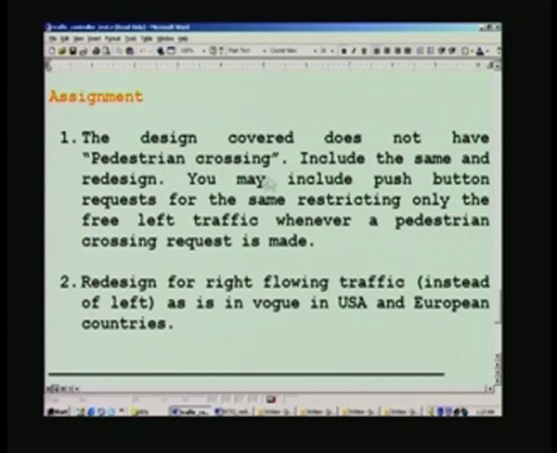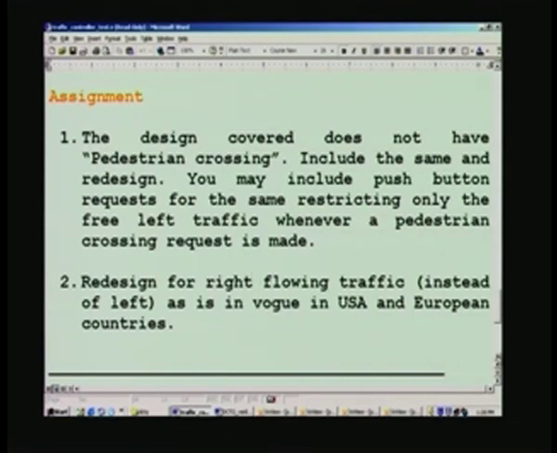So what we do is provide one more push button switch for each of the 4 corners, and then allow the pedestrian to cross based upon that, in which case whenever a pedestrian crossing push button is pressed, the corresponding free left traffic will be suspended for the time being, for the duration of the programmed time, and you have to add that in this assignment.